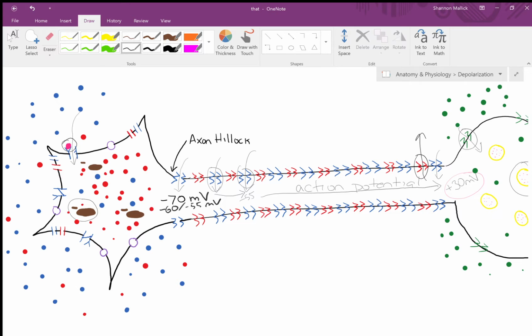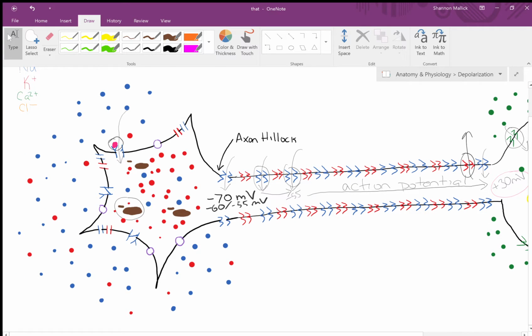And the reason the potential is changing is because you have positive ions rushing out. And when you lose a positive charge, things become negative. So now that there's all this sodium inside the cell and all this potassium outside the cell where it shouldn't be, your sodium-potassium ATPase pumps kick on, and they're working in hyperdrive.